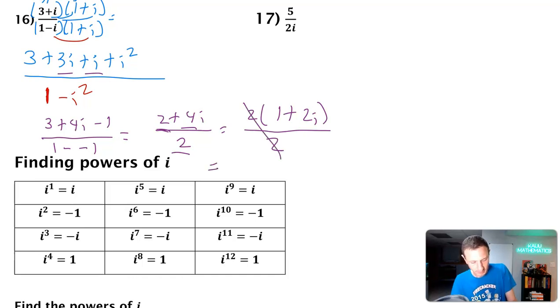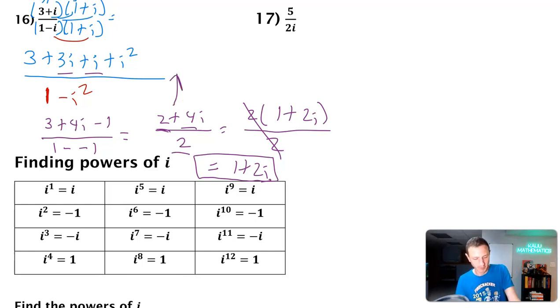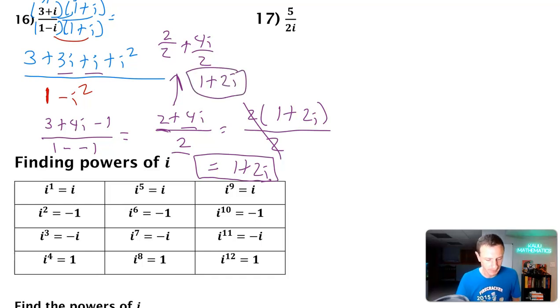The 2's drop out. Then you're left with 1 plus 2i, and that is in the form of a plus bi. Kind of a funny step there. If I rework this real quick, 2 plus 4i over 2, you could also just break this into 2 fractions. So 2 over 2 is 1, plus 4 over 2 is 2, so you get 1 plus 2i either way.